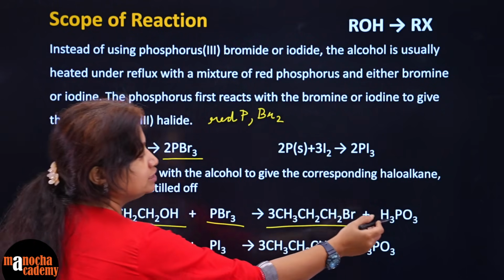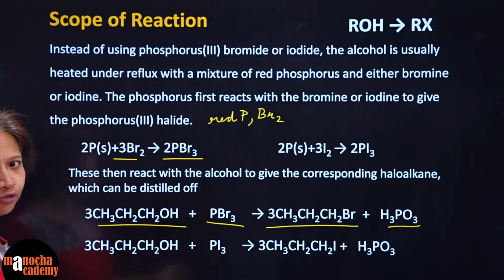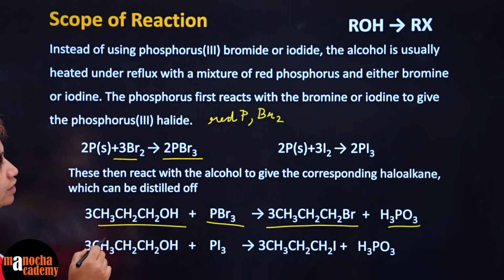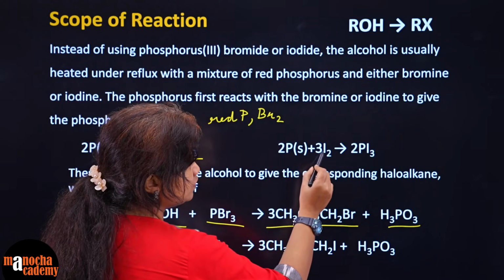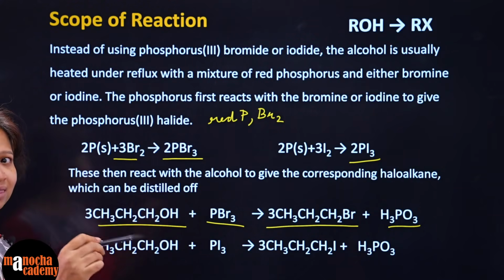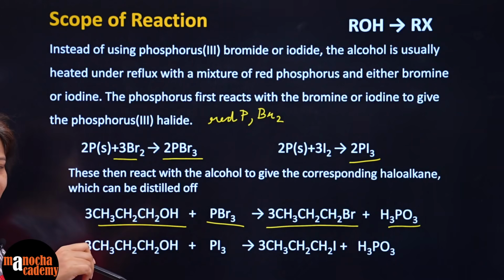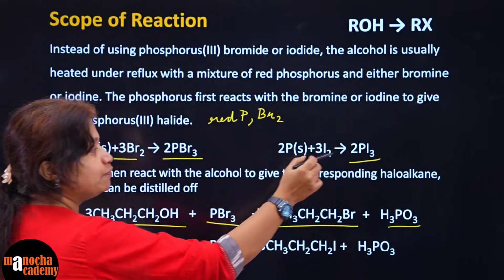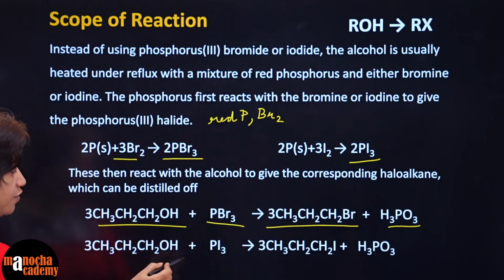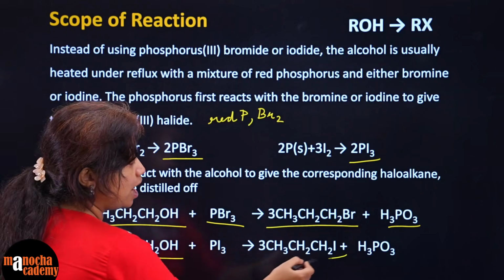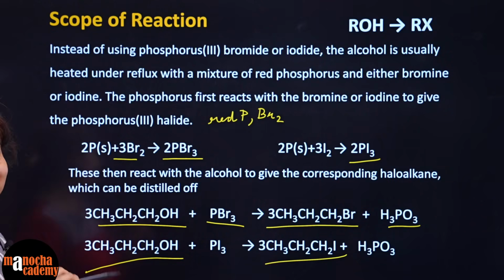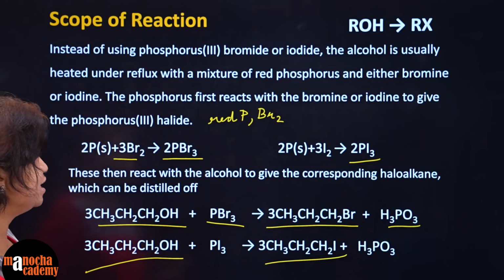Okay, and this is the byproduct H3PO3, phosphorous acid. Similarly, red phosphorus reacts with iodine to give you PI3 in the reaction medium itself, and the PI3 formed will further react with alcohol to give you the iodoalkane. So that's the reaction that actually takes place.